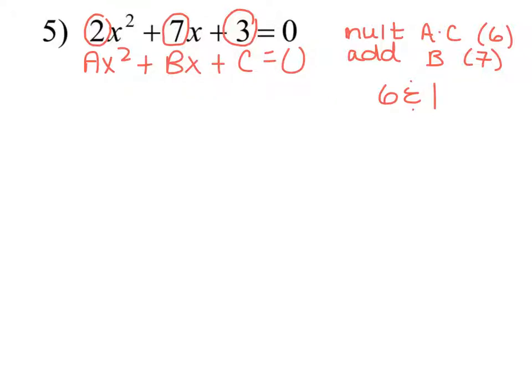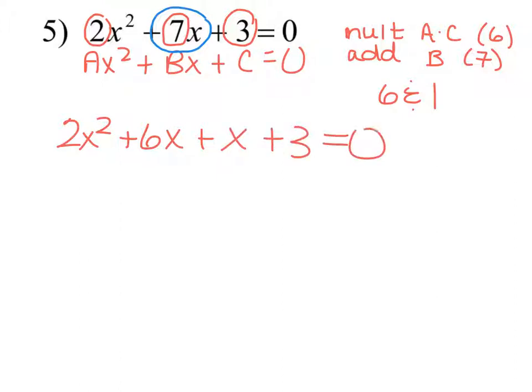And so what we do with those 2 numbers is we split up this middle term. Our new equation becomes 2x squared plus 6x plus 1x plus 3 equals 0.